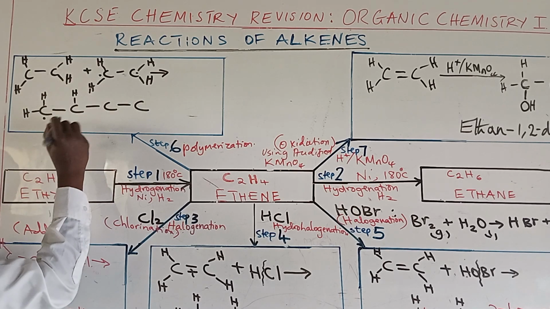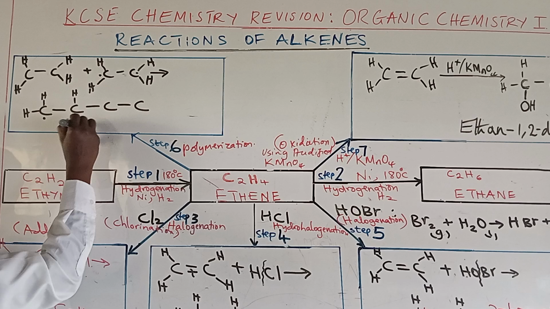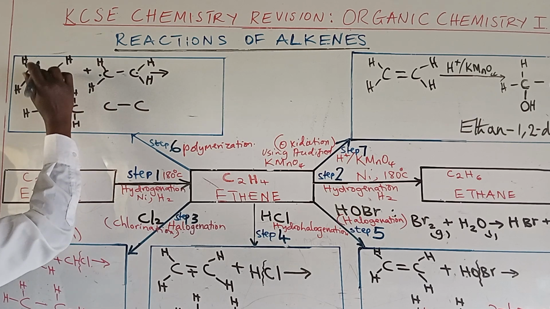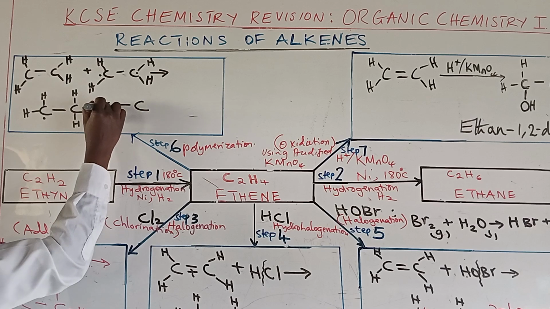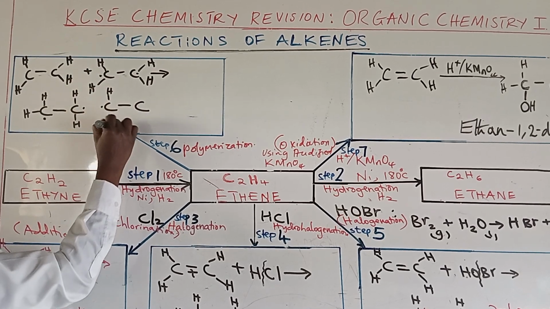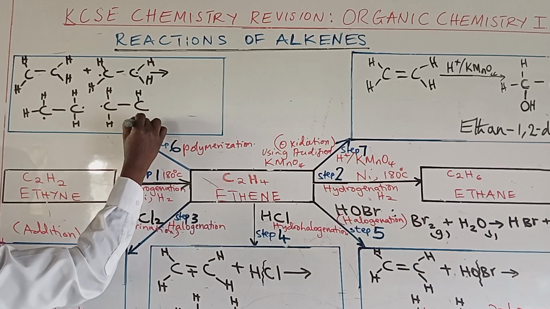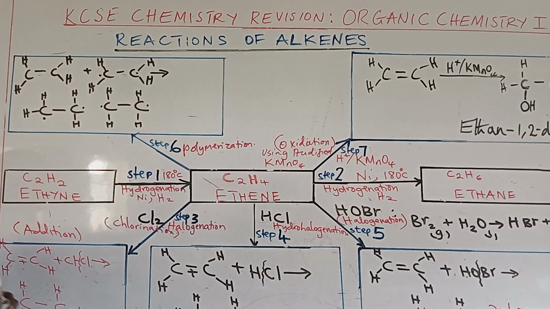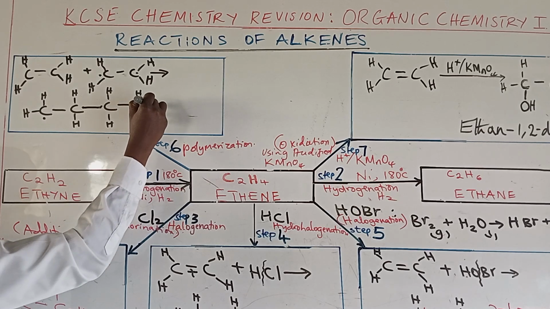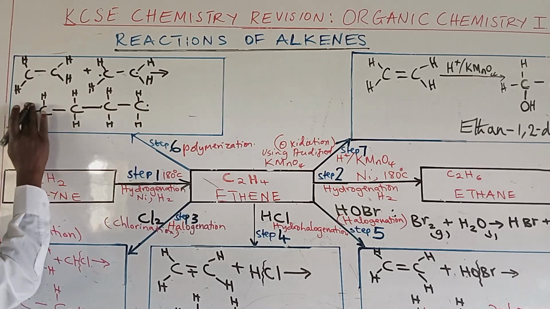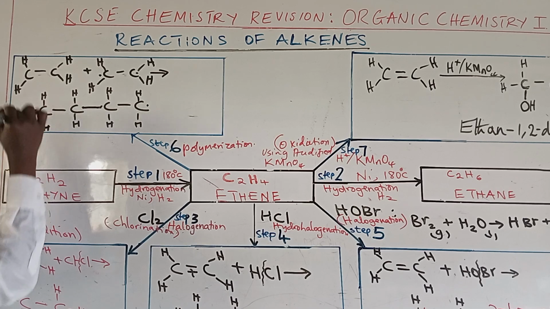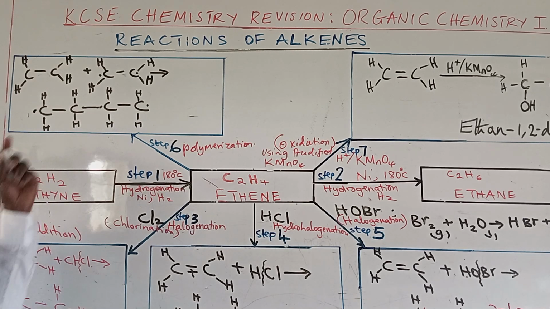Once the bond breaks, that electron comes here and the other one comes here, such that we have the hydrogens like that. Now, when these 2 electrons join up and this is alone, we have this electron on the terminal carbon in that form.